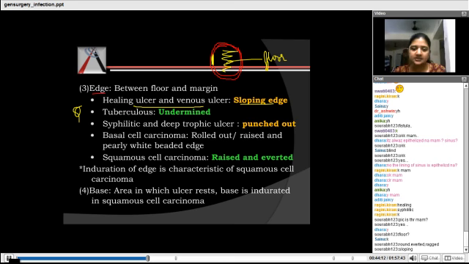Tuberculous will be undermined. Syphilitic and deep trophic ulcers are punched out. Carcinomas, especially a basal cell carcinoma, will have a rolled out, raised, pearly white beaded edge. Remember these words, important. A squamous cell carcinoma will be raised and everted.